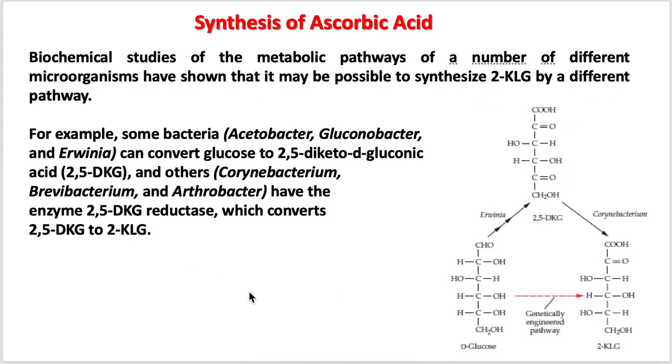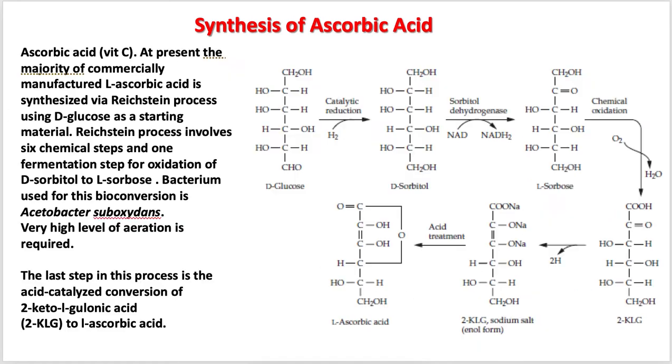It is already known that several microorganisms, for example some Acetobacter and Gluconobacter, can produce 2-KLG from glucose by a different pathway, not following this pathway. In this pathway, 2-KLG is produced from D-glucose. But some microorganisms produce 2-KLG from D-glucose by a different pathway.